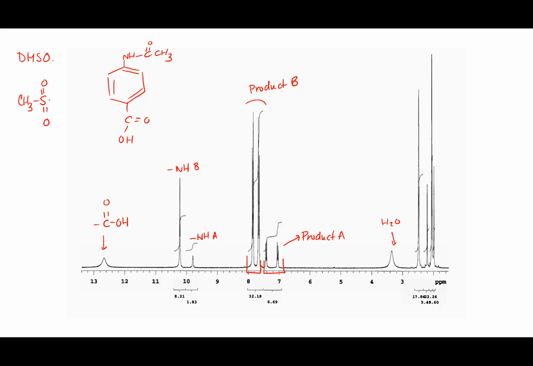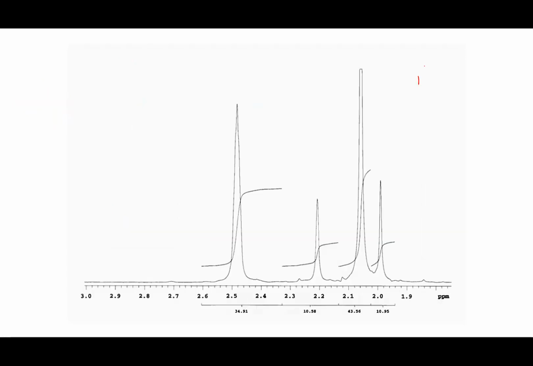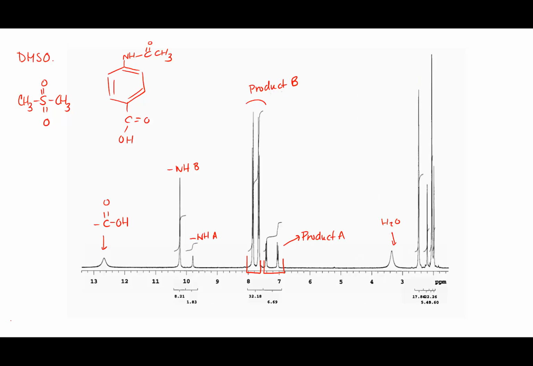If you remember the aprotic, non-hydroxylic polar solvents back in SN2, DMSO was a classic one. This is the DMSO peak, and I'll show you where that is in a moment.